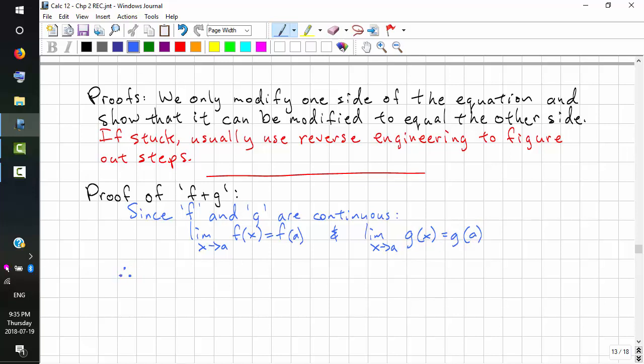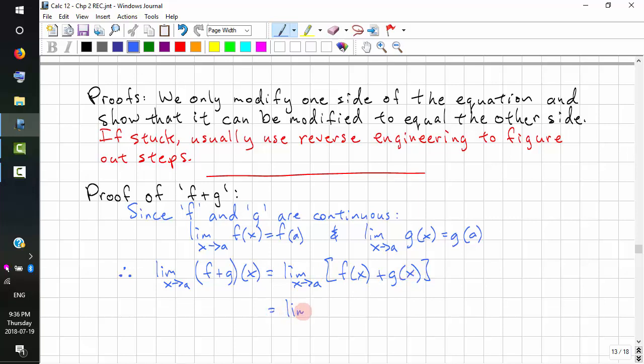Therefore, limit x approaches a, recall that this is a shorthand for f of x plus g of x. Okay, so the limit as x approaches a of f of x plus g of x.